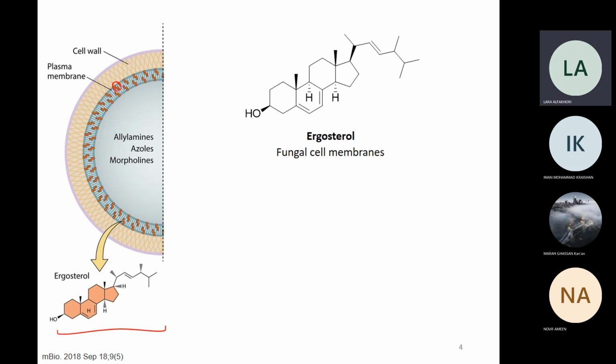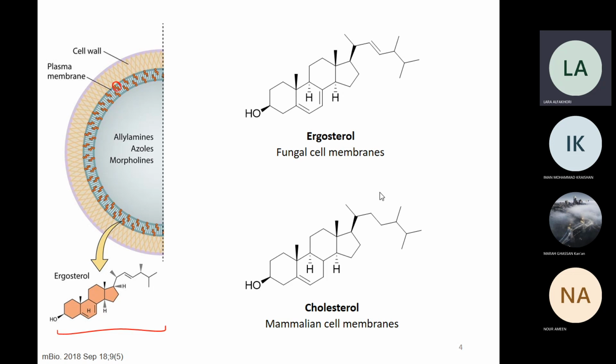Now, the ergosterol, all right, has this structure which is related to the steroid that is involved in our cell membranes, which is cholesterol. Okay? Now, if you look at the two structures of ergosterol and cholesterol, what are the variations between them in terms of structure? Yes.